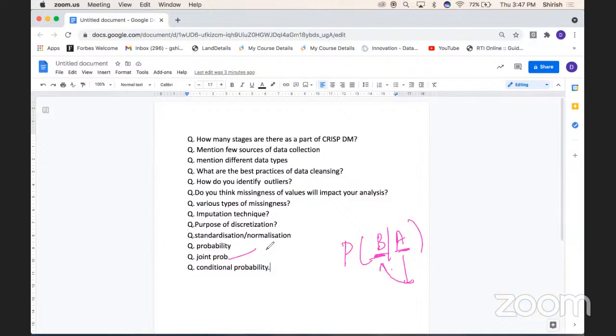Now, what is this probability distribution? How would you explain probability distribution?